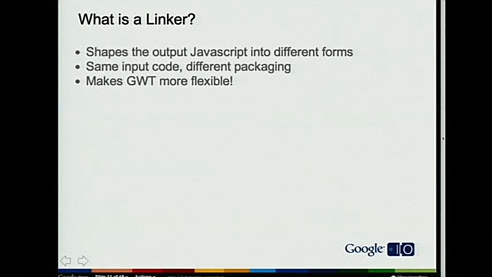Okay, so what exactly is a linker? Everybody's deployment story is different. We have a certain form of web application at DotSpots. We use a CDN. We use Amazon CloudFront for storing all of our static files, including the files we generate in GWT.